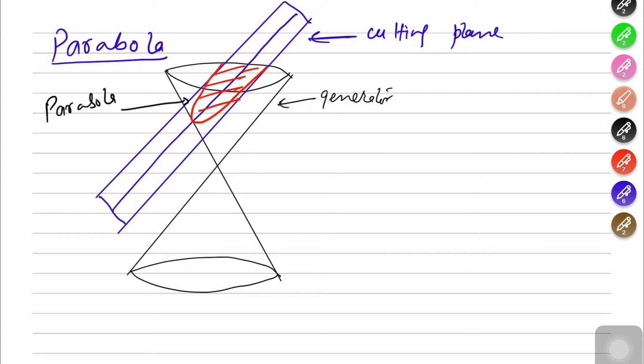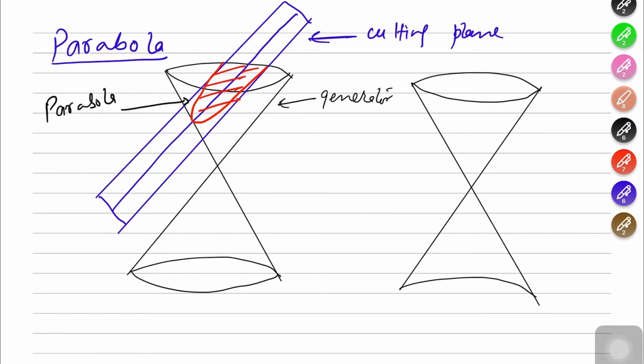So basically what happened here, this is a cone, our cutting plane is this.